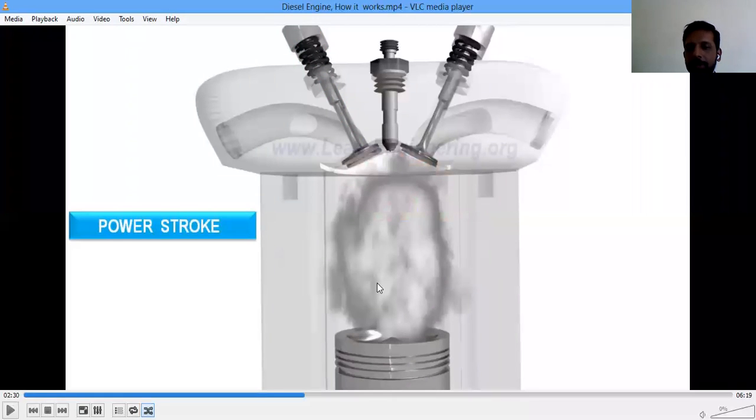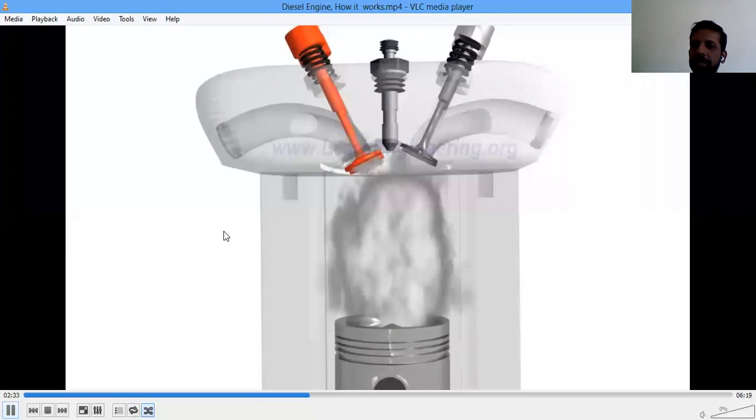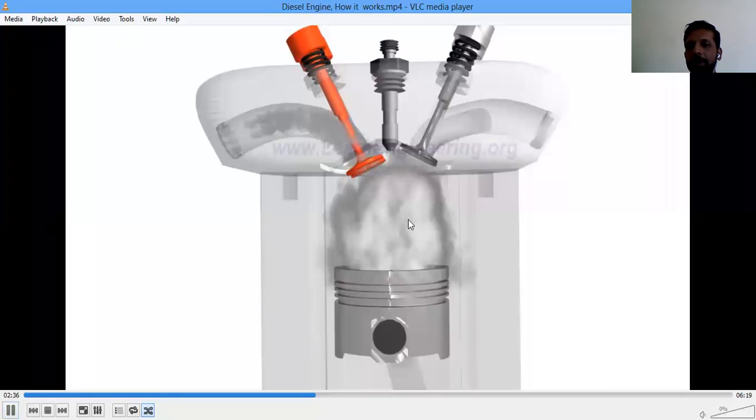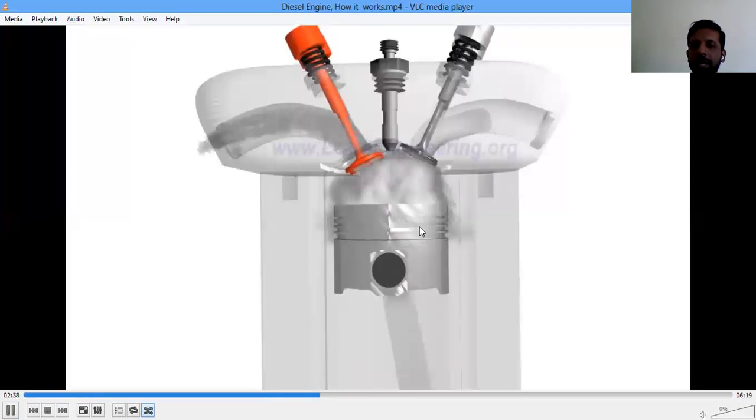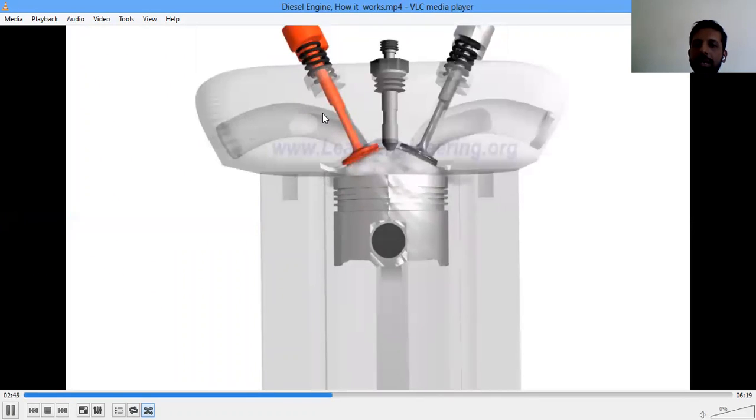At the end of the power stroke, what is happening? The piston has reached the BDC. Now, once it has reached the BDC, the piston is going to move towards the TDC due to inertia, right? So what is now present over here is only the burnt gases. All those gases are going to go out through the exhaust valve.